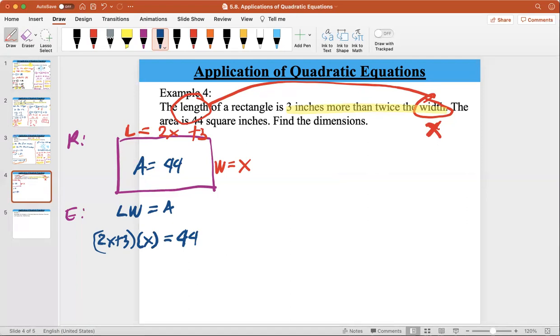That's our equation now. We have to solve this equation by first writing it in standard form. By the distributive property, we have 2x times x, that's 2x squared, and 3 times x is 3x. So we write that now: 2x squared plus 3x equals 44.